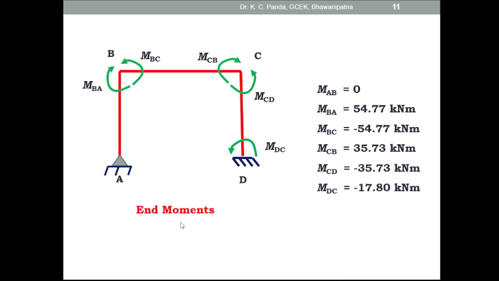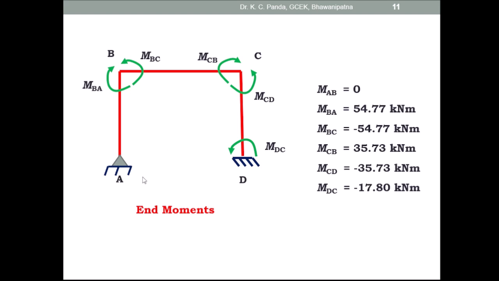So this is the direction of the moment. MAB is equal to 0, MBA is equal to 54.77 kilonewton meter, MBC is equal to minus 54.77 kilonewton meter, MCB is equal to 35.73 kilonewton meter, MCD is equal to minus 35.73 kilonewton meter, MDC is equal to minus 17.80 kilonewton meter.